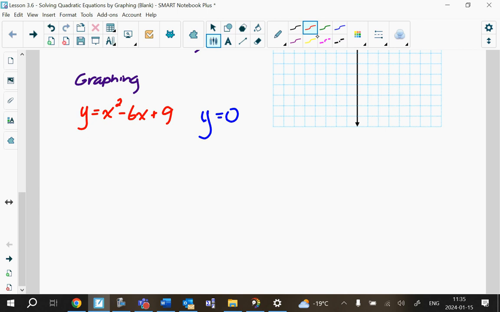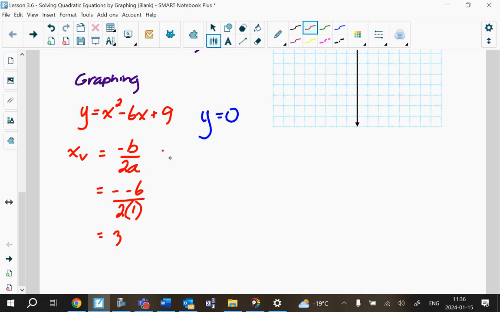We had to find the x vertex, and then we had to plug that in to find the y. Negative b over 2a, which means we're going to get negative 6 over 2 times 1, which works out to 3.